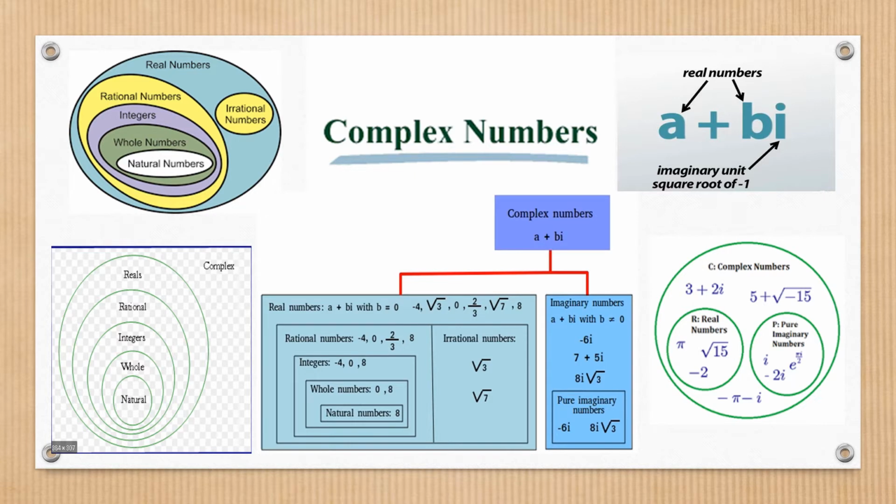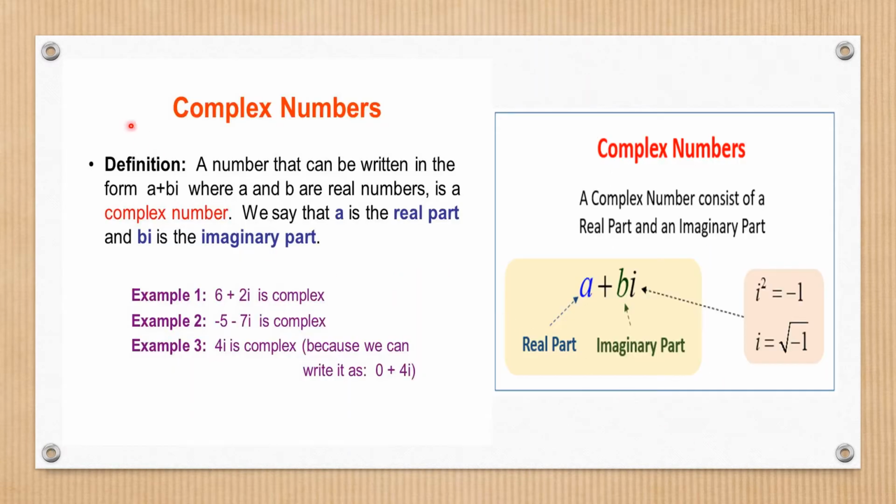So let us come to the formal definition of complex numbers. A number that can be written in the form a + bi, where a and b are real numbers, is a complex number. a is the real part and b is the imaginary part. Like 6 + 2i, -5 - 7i, 4i. All these are complex numbers, right?